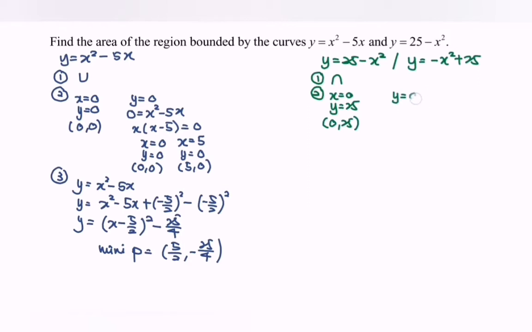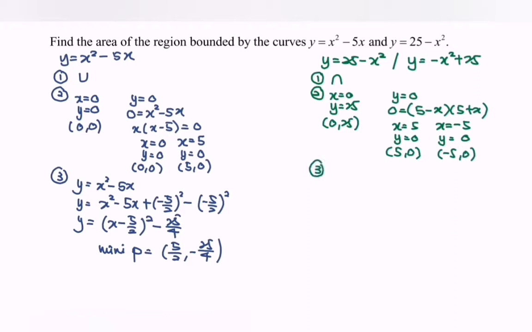When y equals 0, then 0 equals (5 minus x)(5 plus x), where x equals 5 or x equals negative 5, and the x-intercepts will be 5, 0 and negative 5, 0. Step number 3, the standard form is y equals negative x squared plus 25. So the maximum point is 0, 25.